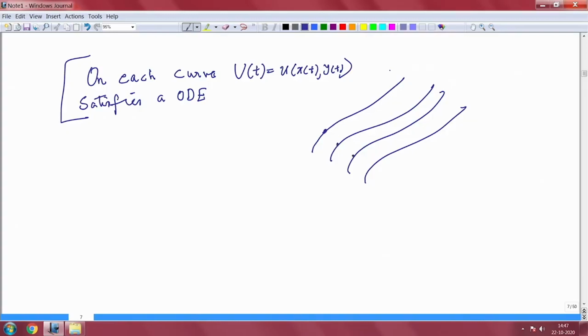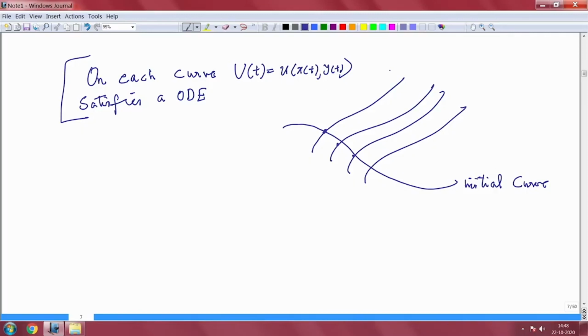So, you have to know what we call an initial curve. If you have a curve which intersects your characteristic curves, which we call an initial curve, and on that initial curve the value of u is known to you, then you can determine u effectively.